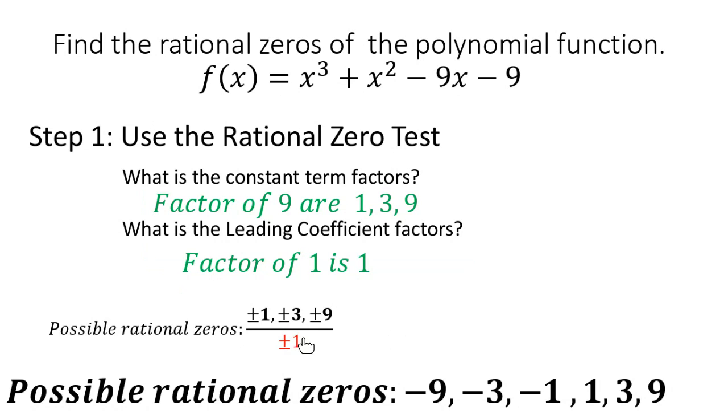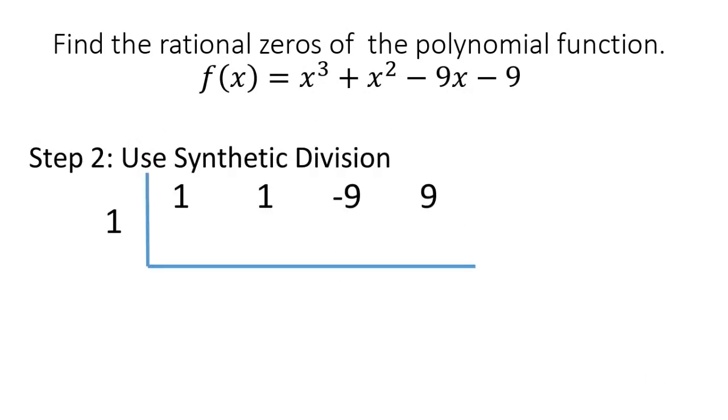So if you want to find the actual zeros, then we can use synthetic division. So once you have your list right here, pick one of them and try synthetic division with it. Usually I start with +1 and then I make my way to the other numbers. So here we bring the 1 down. 1 times 1 is 1. 1 plus 1 is 2. 1 times 2 is 2.